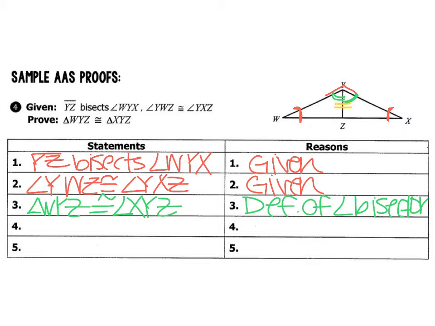Then we know that there's two triangles here and they share a side, they share YZ, so we can say that YZ is congruent to itself by the reflexive property. Anytime we have two triangles that share a side, we're most likely always going to use that piece of information.